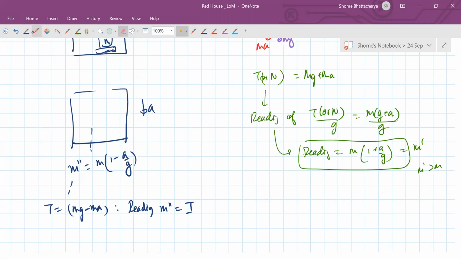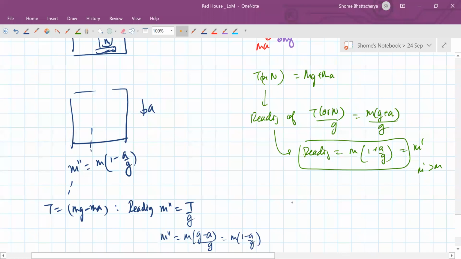How is it showing the force in units of kg? By dividing it by g. So it's reading m into (g minus a) divided by g, which is m into 1 minus a by g. Got it now?